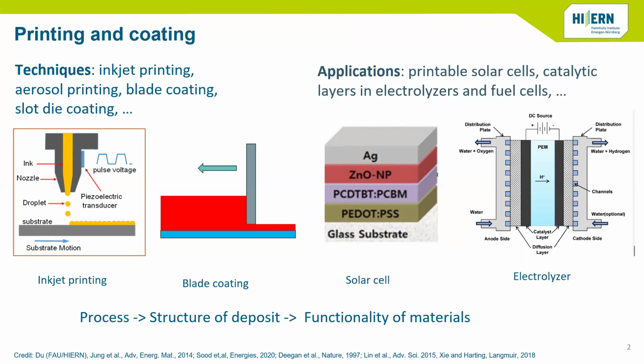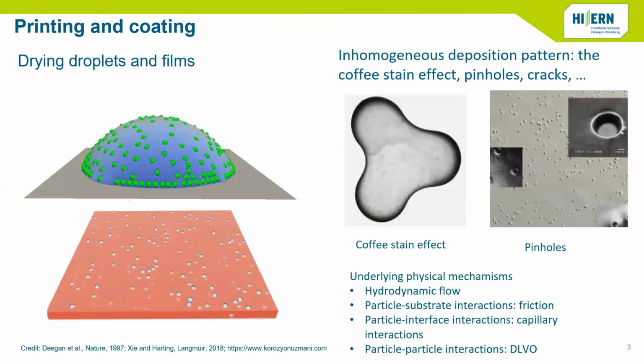But the process of printing and coating needs to be well understood so that we can get the optimal functionality of the materials. In inkjet printing and coating, the basic form of drying suspension is drying of droplets or drying films.